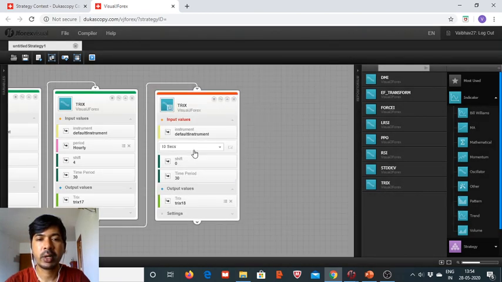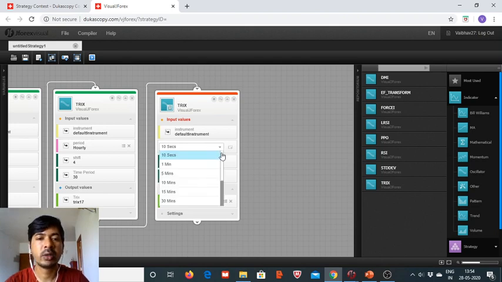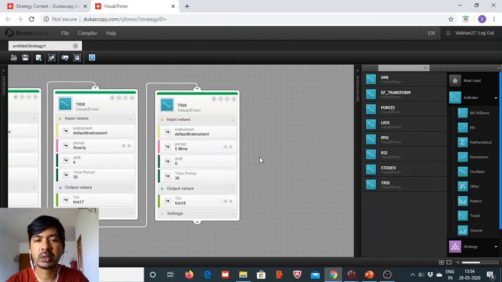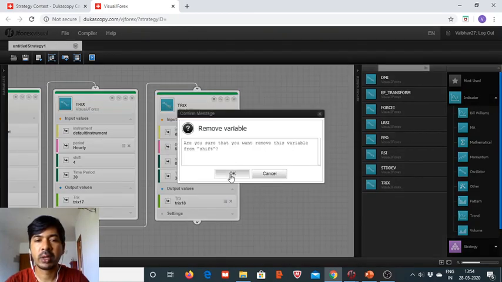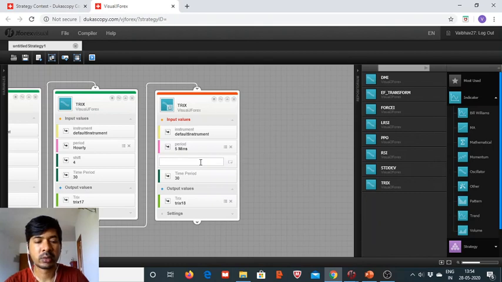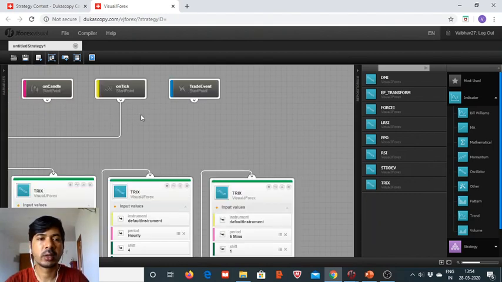Here we will utilize the combination of shift 1, shift 4 and shift 7 of 5 minutes each. So here shift 1, and let us color code this.